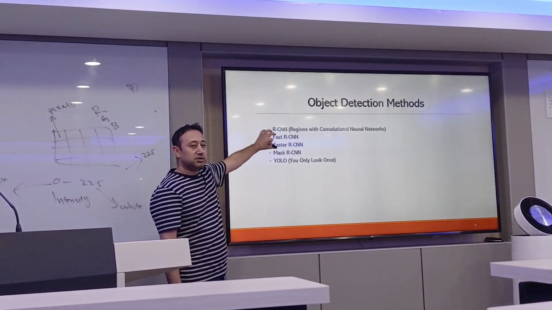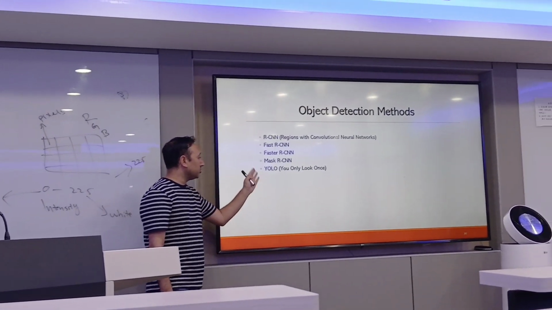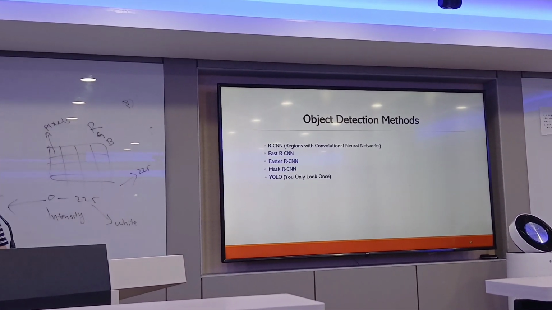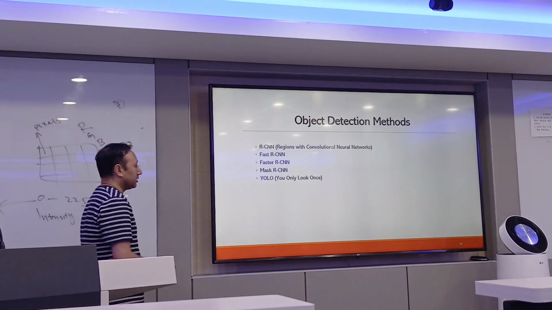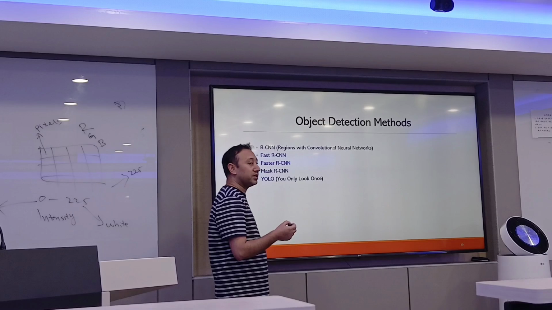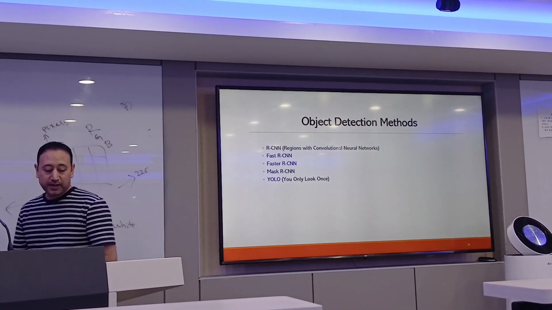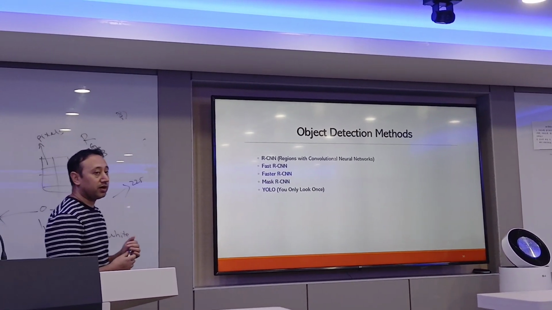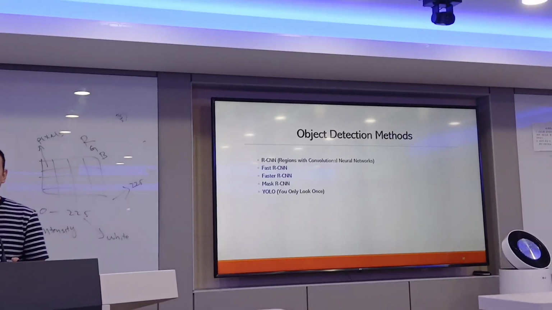These are the older techniques which people used to use, but YOLO is the one which is very popular and trending these days. There are different versions of YOLO, starting from YOLO 1 to now it reaches YOLO 10. So I recommend you to use this YOLO technique for object detection, and it's easy as well.